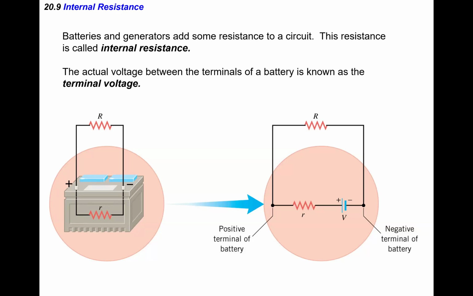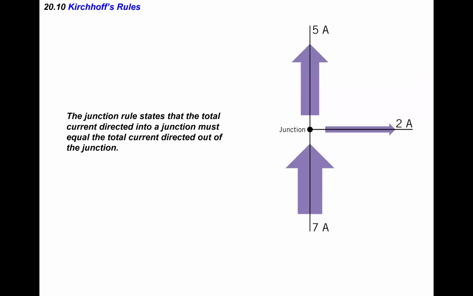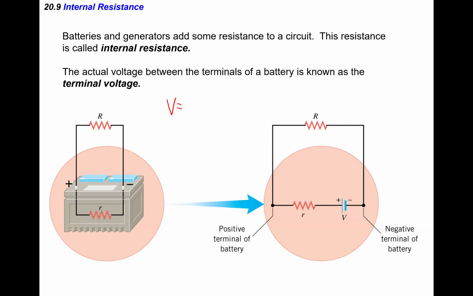That's why our output V will be, if our EMF is 12, the EMF minus current times the internal resistance, because there is some voltage consumed here.